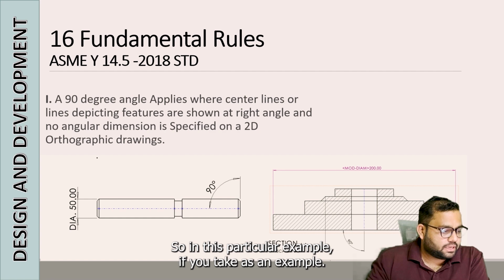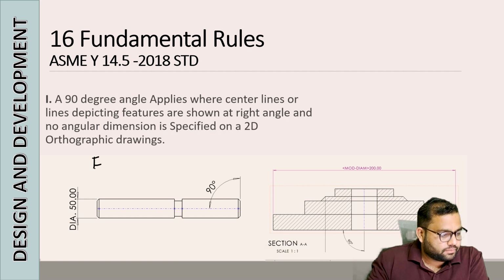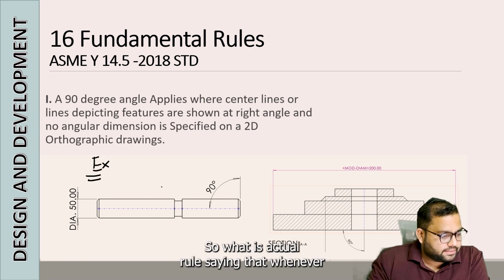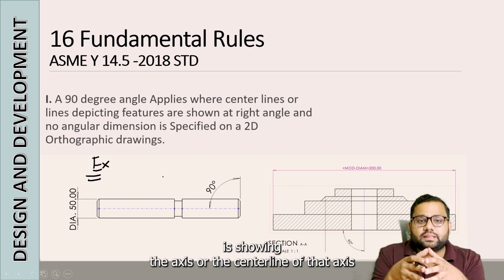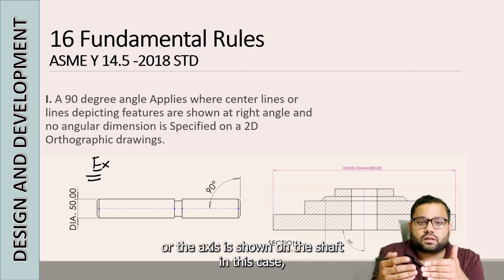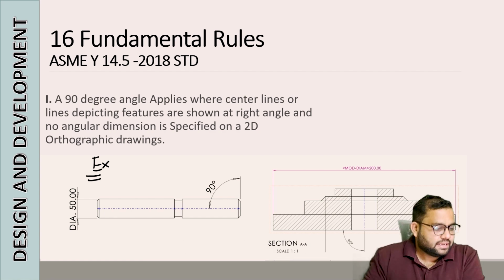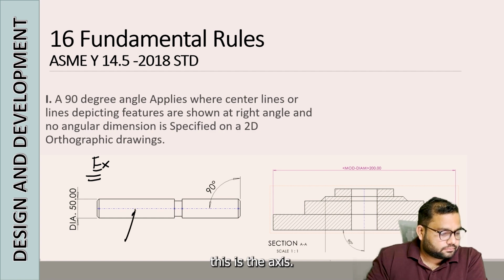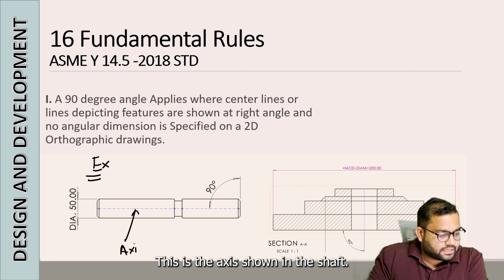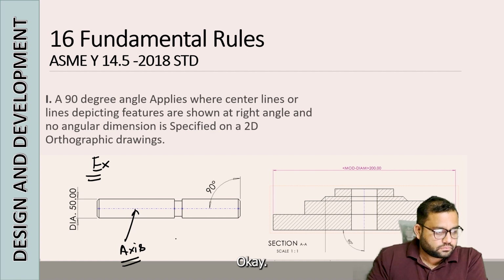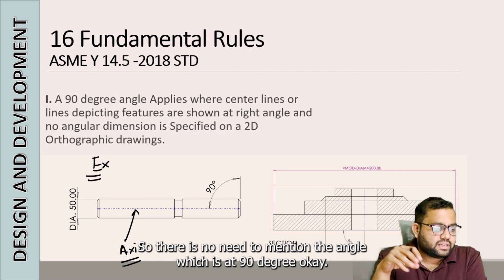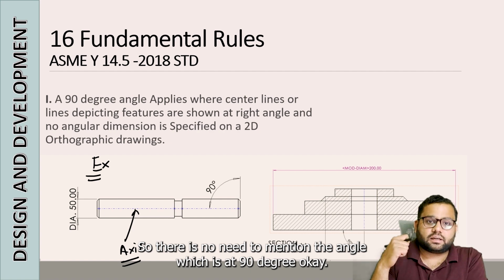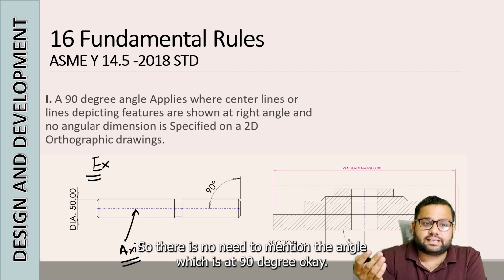In this particular example, the rule says that whenever the part shows the axis or the center line of an axis, this is the axis shown in the shaft. Whenever the axis or the center line is given, there is no need to mention the angle, which is at 90 degrees.